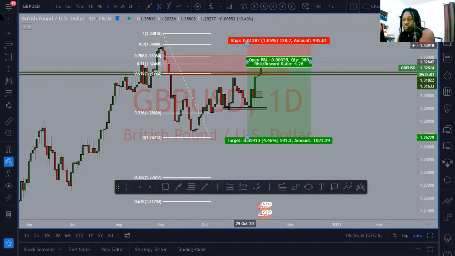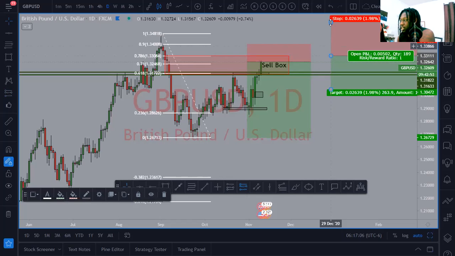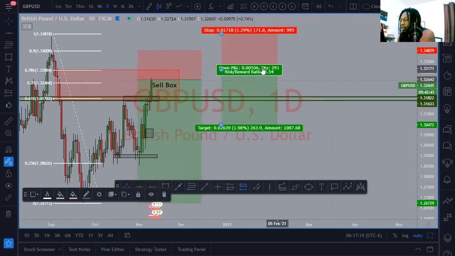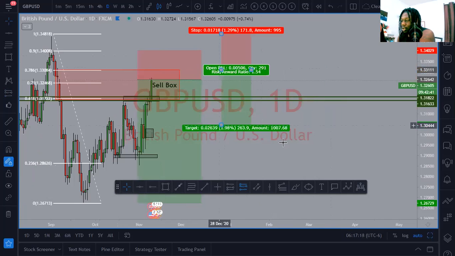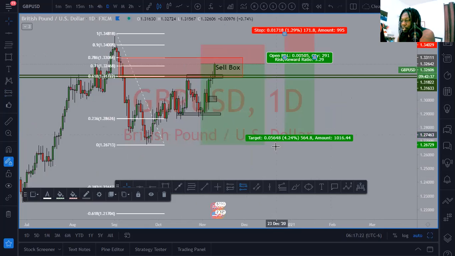So what I'm also going to do, just like with AUD USD, is place another position right here. And then same TP basically. So if price does end up climbing a little higher, then it'll get me into this entry as well.